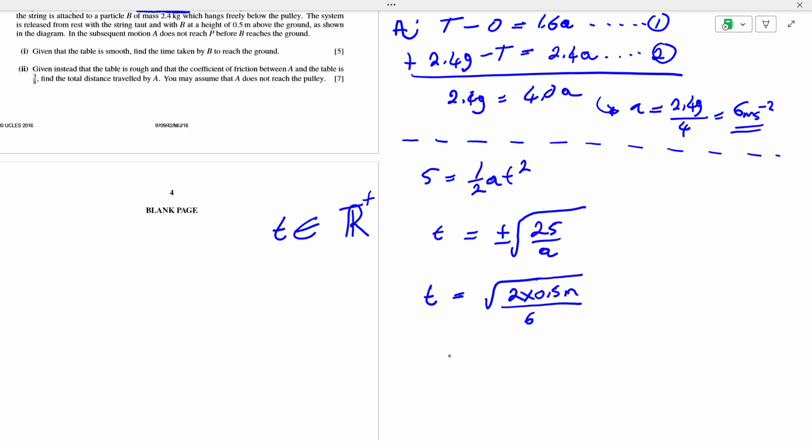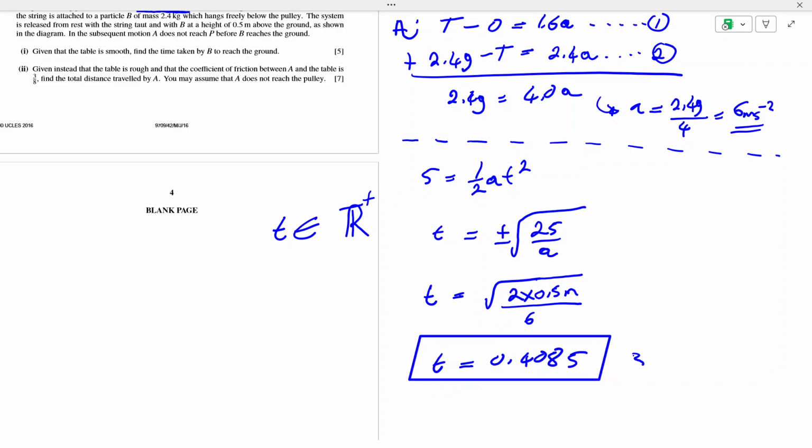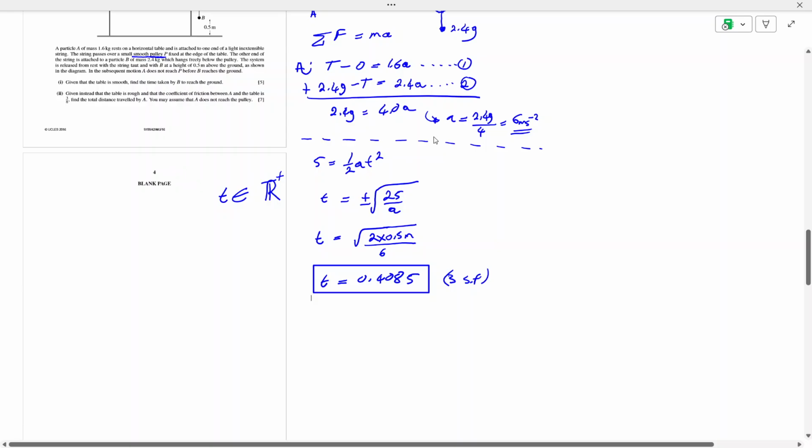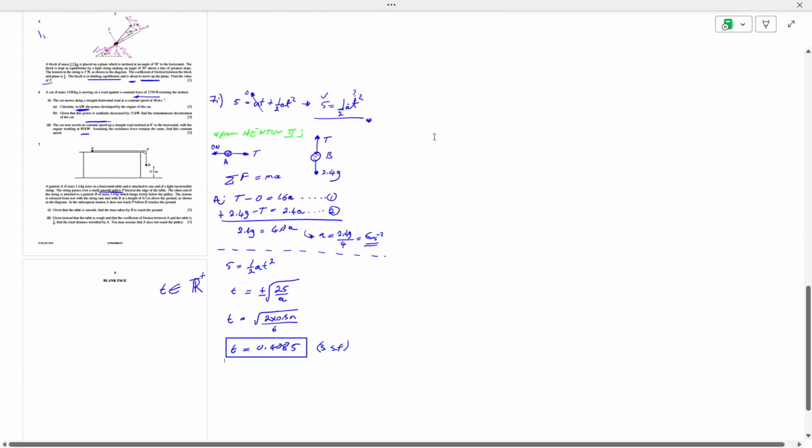Then I get t equal to 0.408 seconds, to 3 significant figures. And that's what we do for part a.